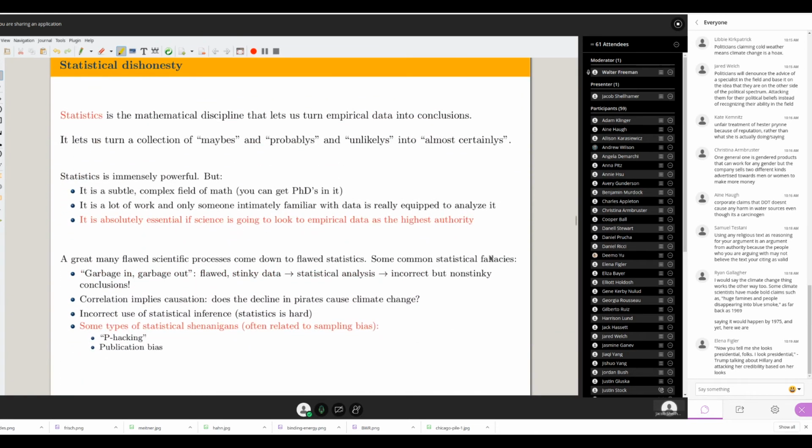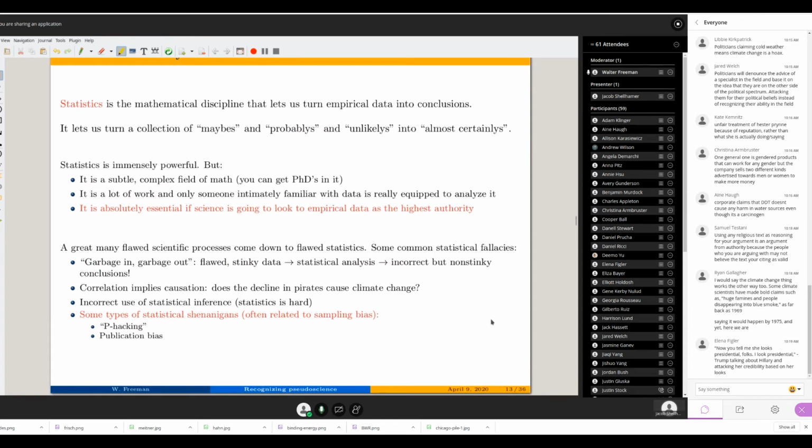But statistics is completely essential if science is going to be empirical, right? The only way to get conclusions out of empirical data is by doing statistics. A couple of ways this goes wrong: this idea of garbage in, garbage out.